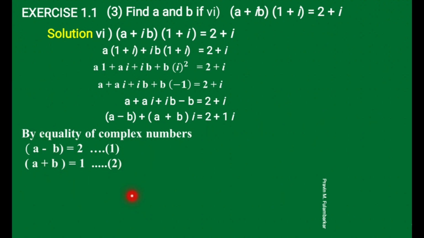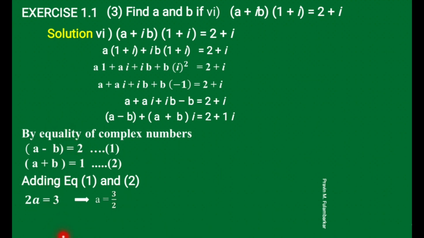Adding equation 1 and 2, this minus b gets cancelled with this plus b, we get on the left hand side twice a equals to 3. So in this example we can solve this problem by adding equations 1 and 2. So we get a plus a, that is twice a, 2 plus 1, that is 3. So we get a equals to 3 by 2.